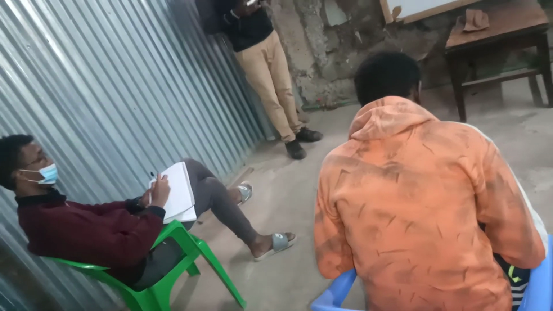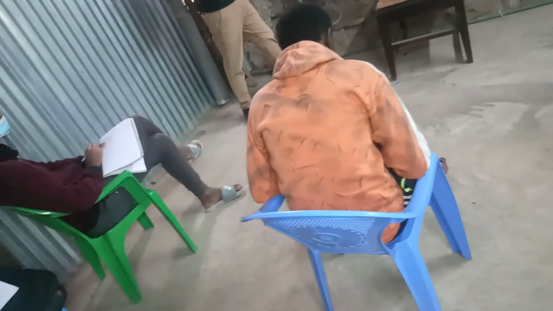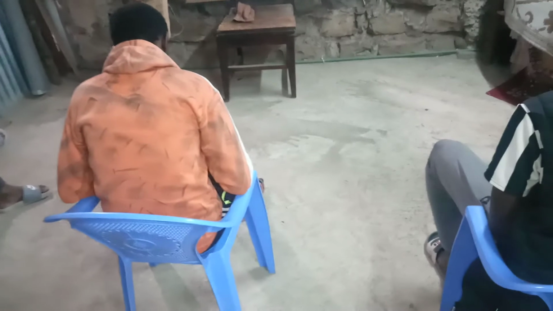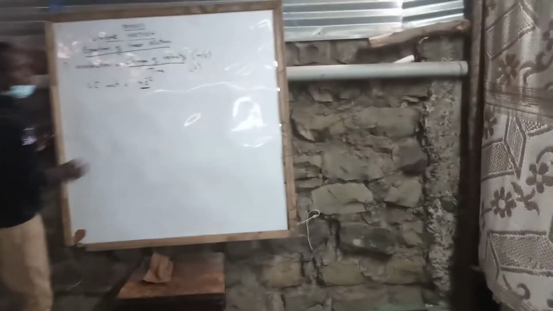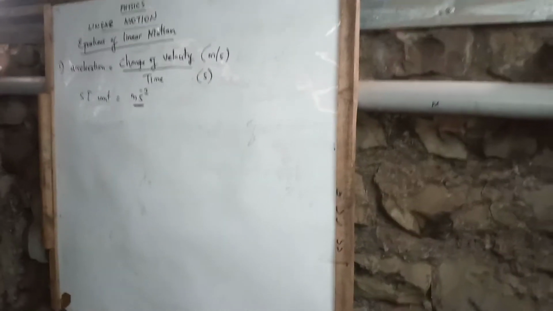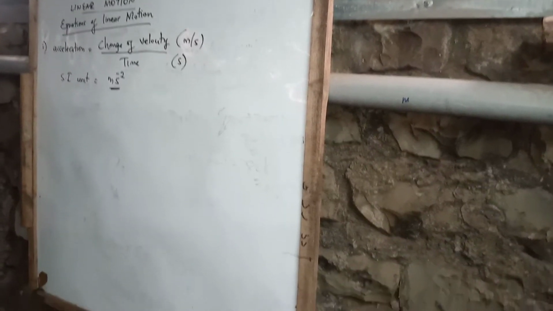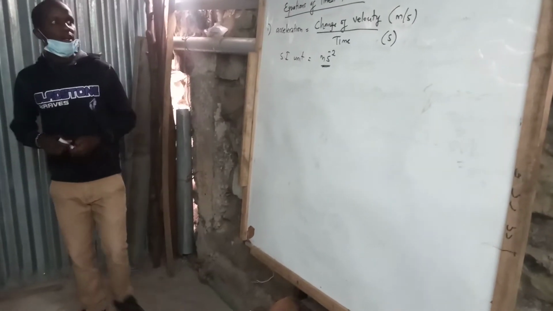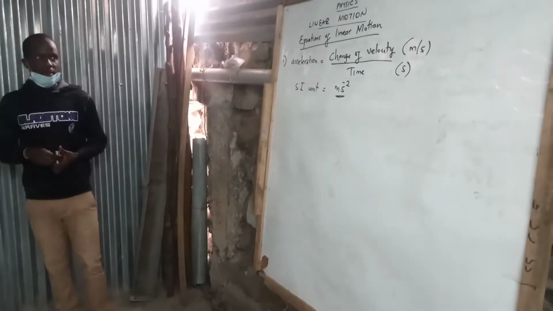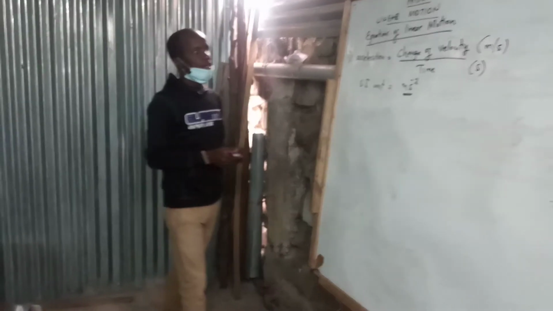So the change of velocity will obviously be expressed in meters per second, and the time is in seconds, which means the SI unit of acceleration is what? Meters per square second. Yeah. So acceleration is expressed in meters per square second because you are finding the ratio of velocity with time.